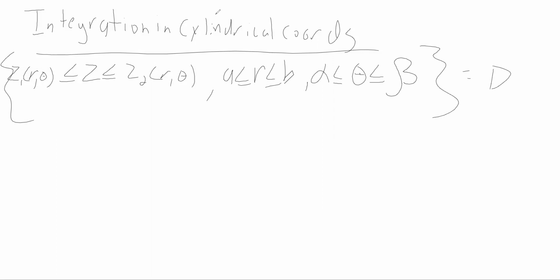The way we're going to integrate over this is, sorry, not D, let me say W. So we have a function f of x, y, z. We want to integrate over this region here.